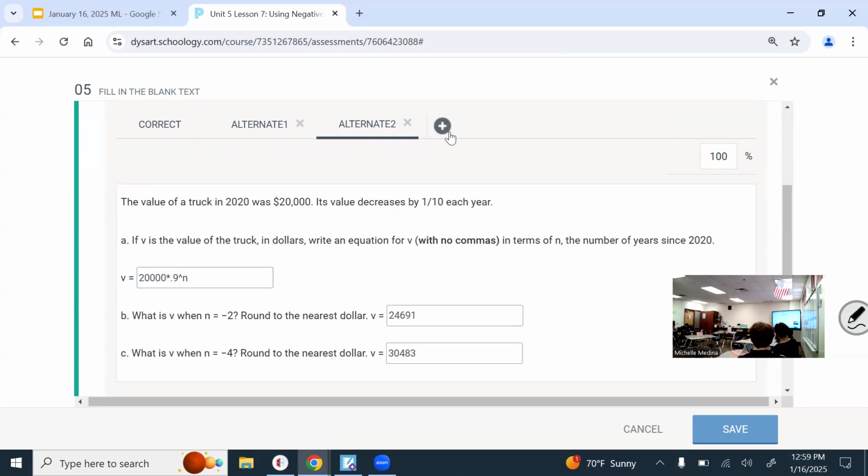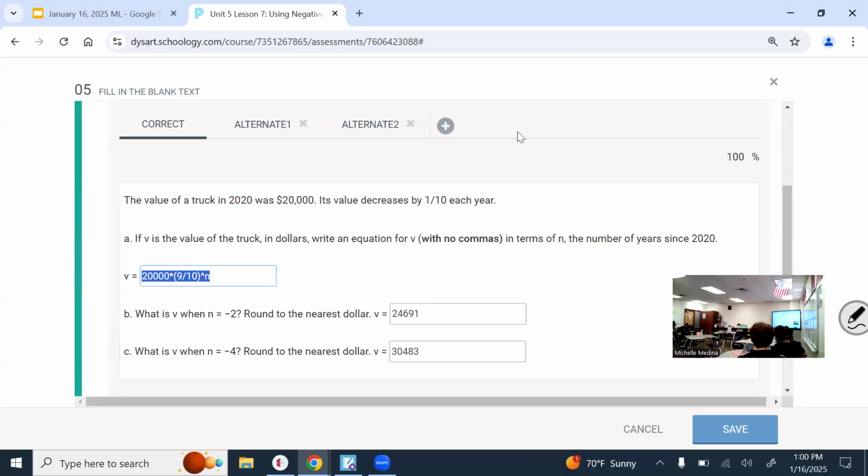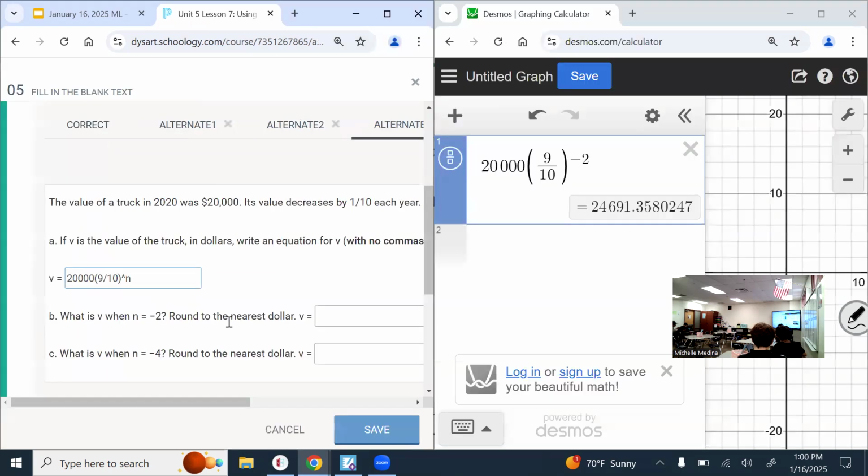So I'm going to add in another answer that doesn't have the little star, because I don't think we should put that; the parentheses already tell you to multiply. So that's what I'm going with. I'm adding in an extra correct answer. Nothing of what I said was wrong though.